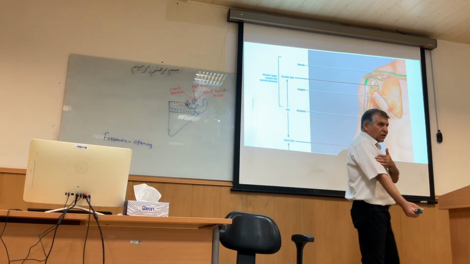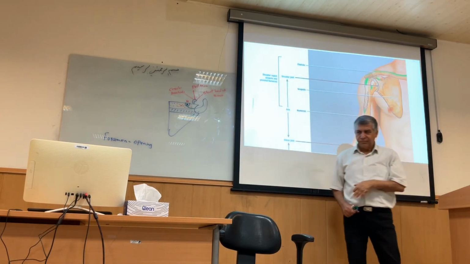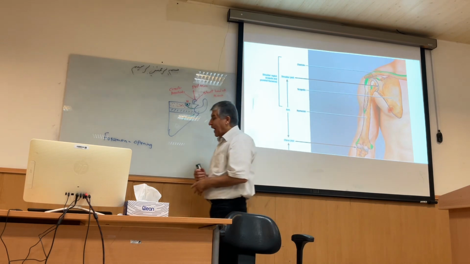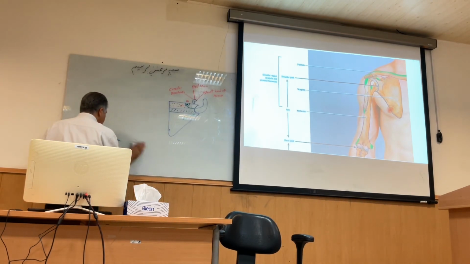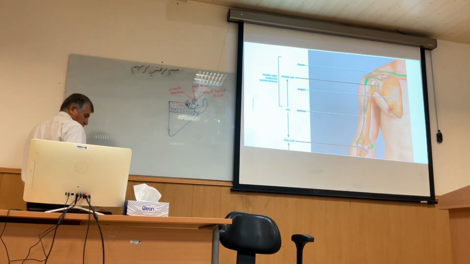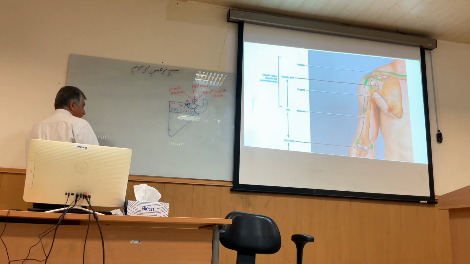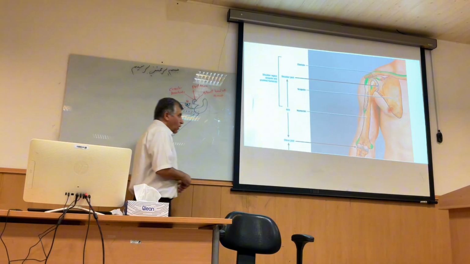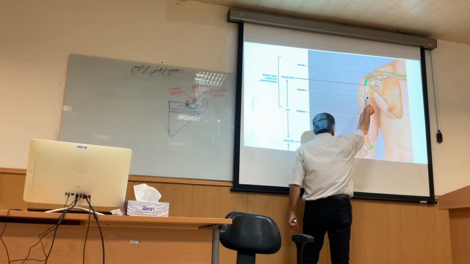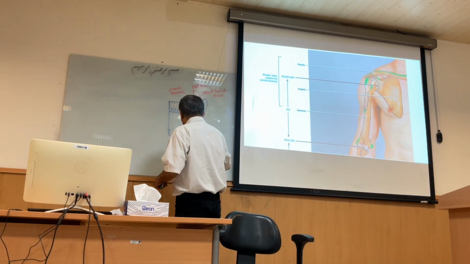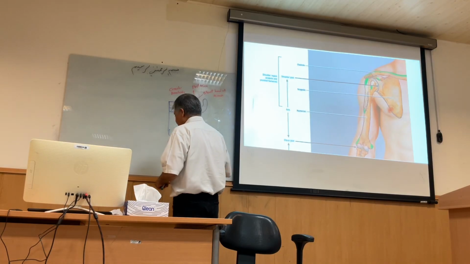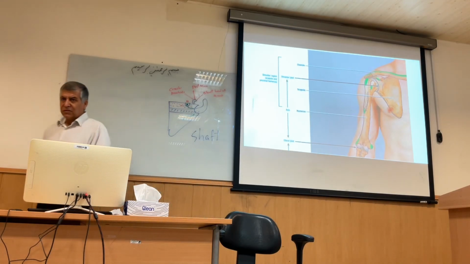All of them arise from the brachium. The humerus has a proximal end, a distal end, and a body or shaft. Some say body, some say shaft. Okay?